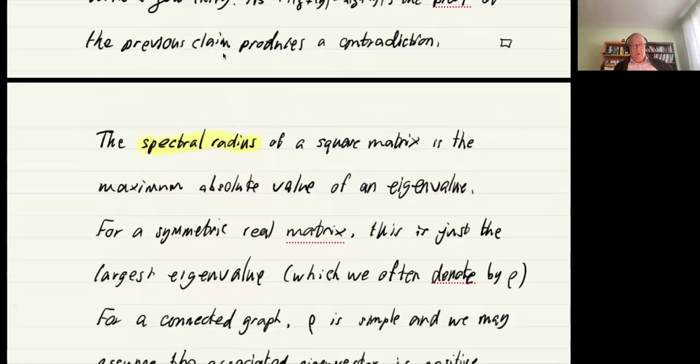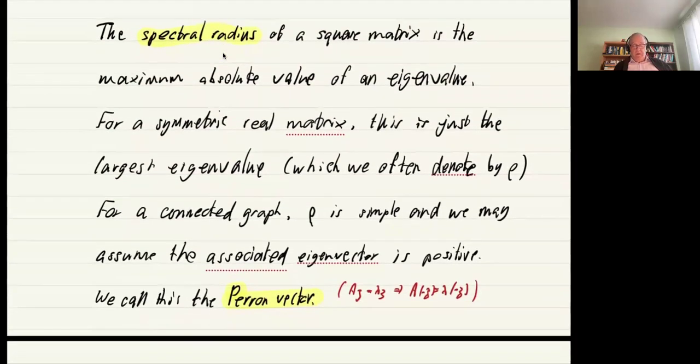This is terminology you may well be familiar with. The spectral radius of a square matrix is the maximum absolute value of an eigenvalue. If you're dealing with operators in infinite dimensions, it's a little more complicated. For a symmetric real matrix, this is just the largest eigenvalue. Unfortunately for you, I'm usually going to denote it by rho, so there's a danger from time to time that rho will turn into an e, but I'll try and get it right.